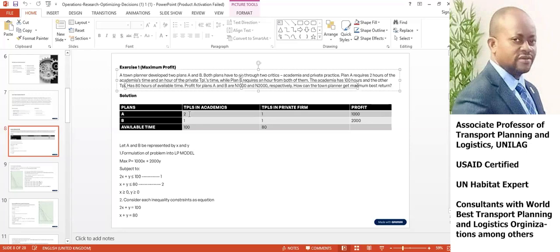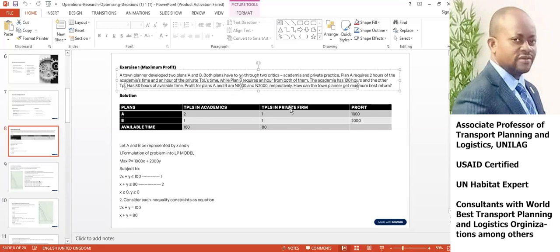If we have one, we should just put the alphabet. As we have 2x plus 1y, you don't put it as 1y. You write it here as 2x plus y.